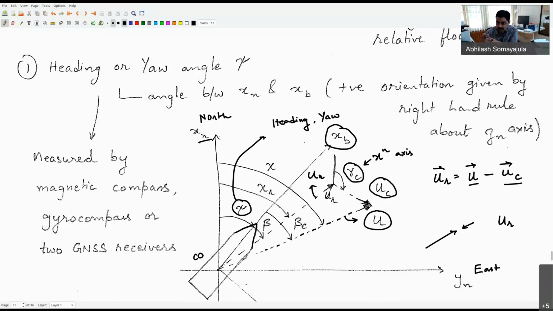Notice that this angle has its positive orientation defined with respect to the Zn axis. Since the Zn axis is pointing into the frame, by the right hand thumb rule, a clockwise angle has the positive convention in this case.